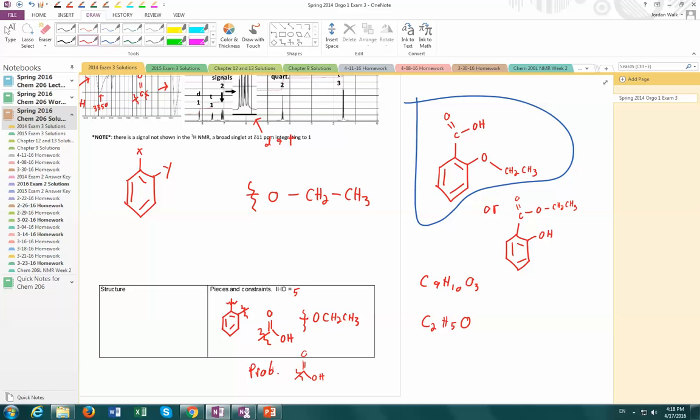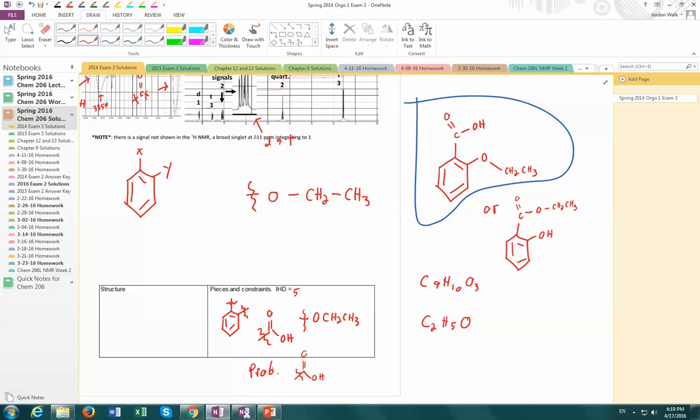There might be cases such as, what if you had put this fragment on there? That makes a little bit of sense. I'd probably give a little partial for that, because it's not correct, but it's on the right track. This gives me a chance, in drawing form, to see your thought process. I don't have to read words, but I can see if you've got fragments that make sense. So you don't have to write OCH2CH3, just show it to me. That's a lot more powerful than writing stuff out.